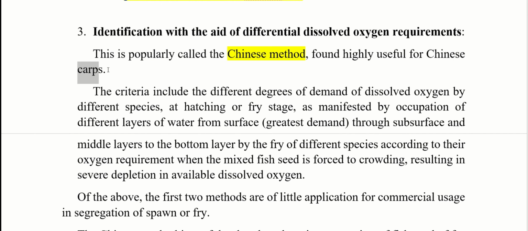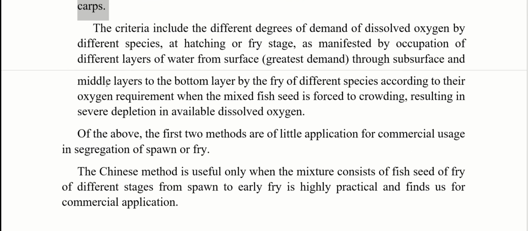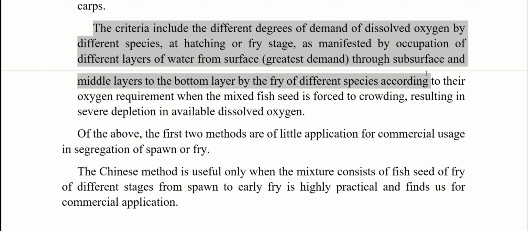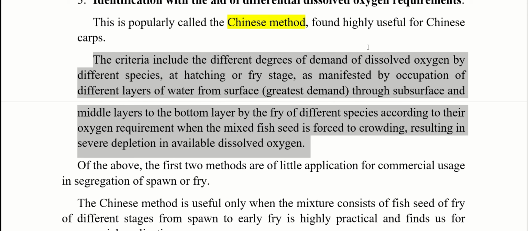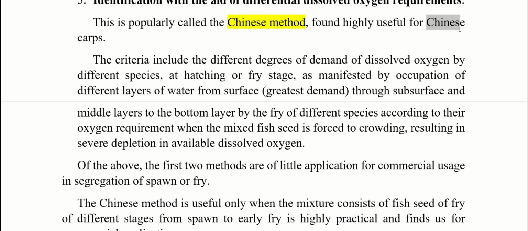The criterion is the different degree of demand for dissolved oxygen by different species at hatchling or fry stages, manifested by accretion of different layers of water, from surface through subsurface and middle layer to the bottom layer, by the fry of different species according to their oxygen requirement, when the mixed fish seed is forced to crowd, resulting in severe depletion of available dissolved oxygen.